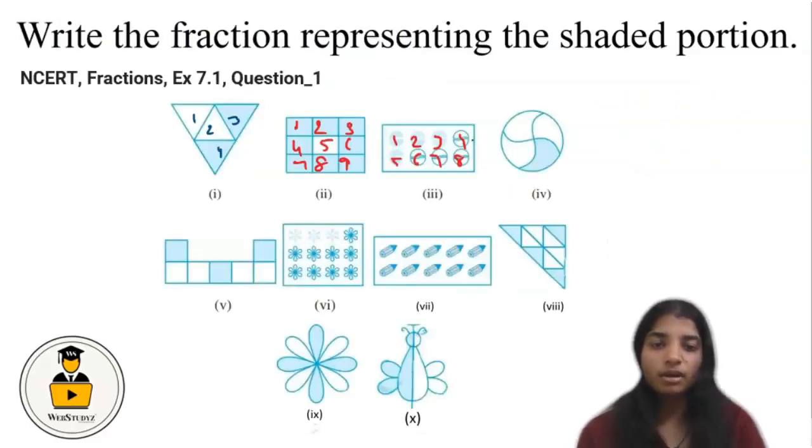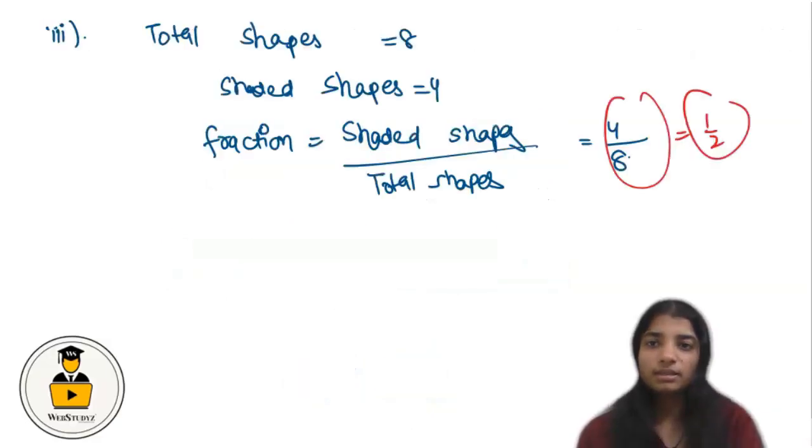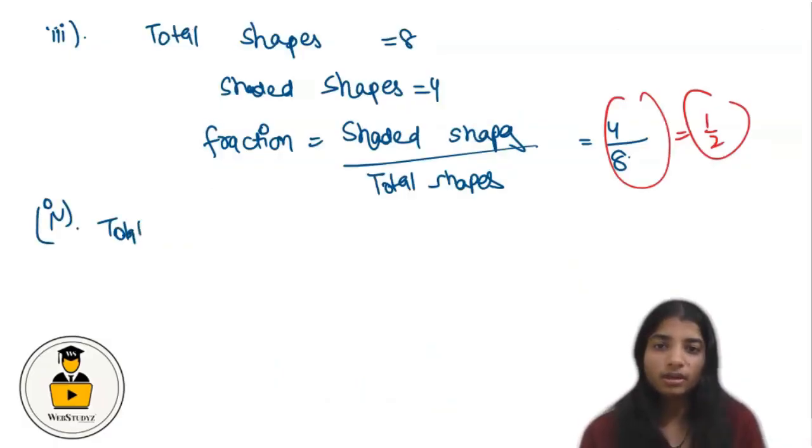In part 4, we can say that this circular ball is divided into 4 sections: 1, 2, 3 and 4. So from here we can say that in this part, total shapes are 4. And out of this 4, the shaded shape is only 1.